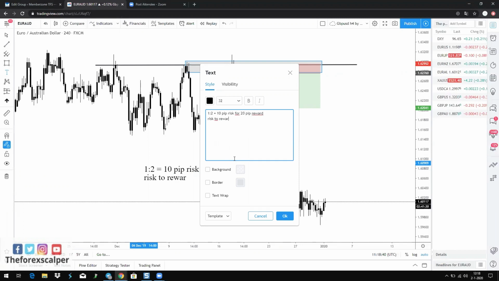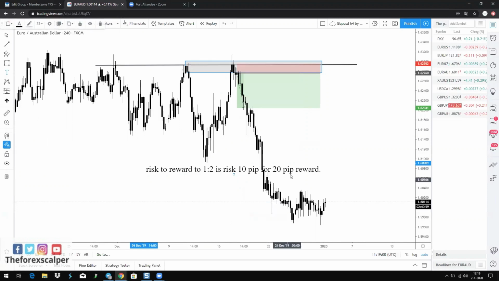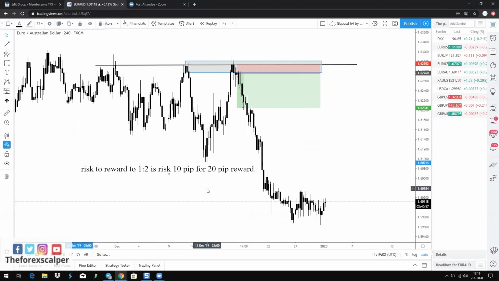Risk to reward. Super important. Pip rewards. This stuff is super important.